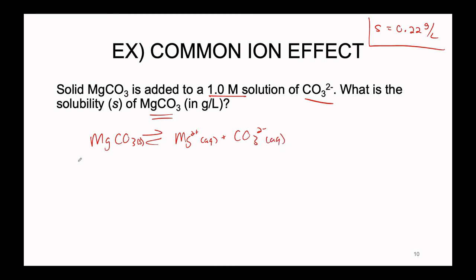The major difference when setting up our ice table is that before we didn't have any magnesium or carbonate initially, so we just put 2 zeros with our initial conditions. Now we have an additional piece: a 1 molar solution of carbonate initially. So this 1 molar goes right here in the initial condition under carbonate. Now we don't have any magnesium. That part is still consistent.